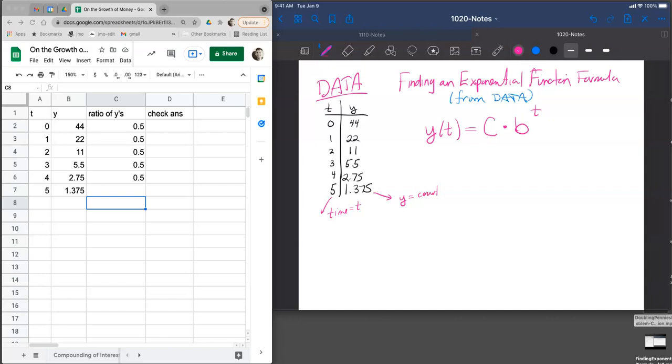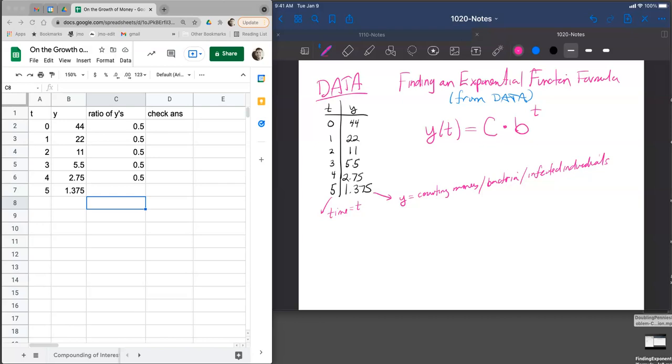You can think of y as counting money, the number of bacteria, or the number of infected individuals. This is a count of some process that is happening exponentially.